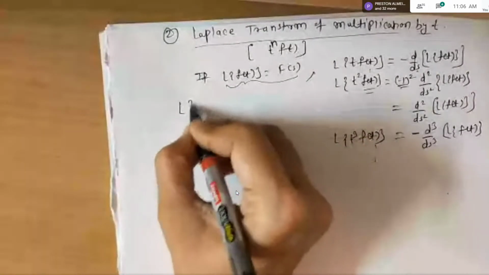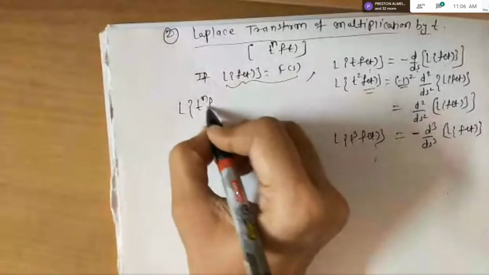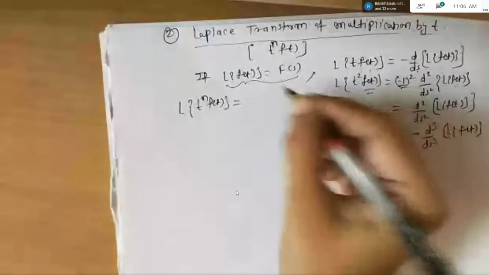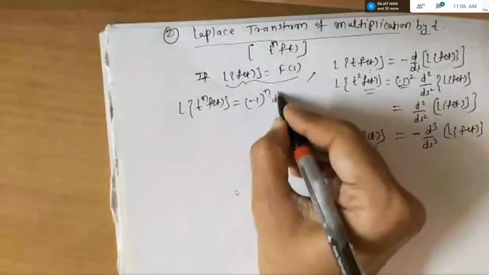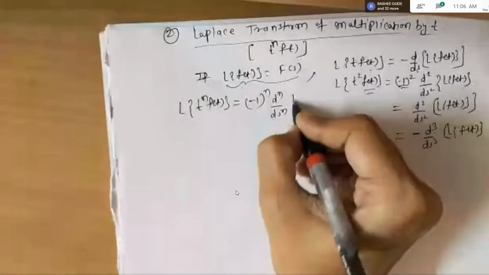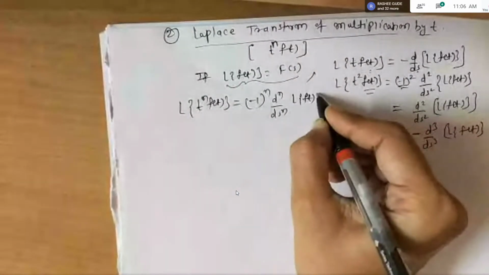Here I am writing Laplace of t raised to n f of t. You have to find minus 1 raised to n, the nth order derivative of Laplace of the other function.